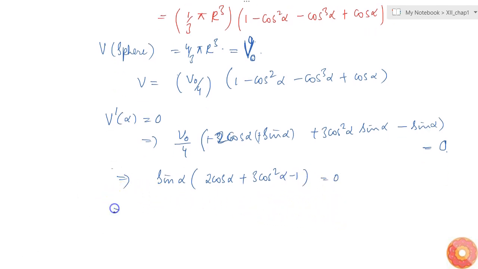So this will become sin alpha into 3 cos square alpha plus 2 cos alpha minus 1 equal to 0.